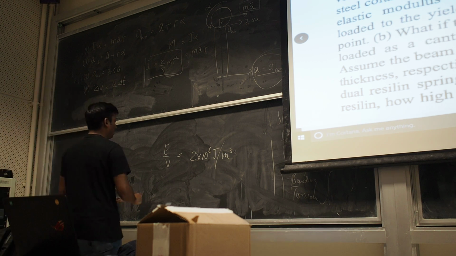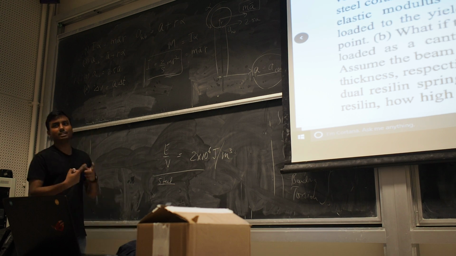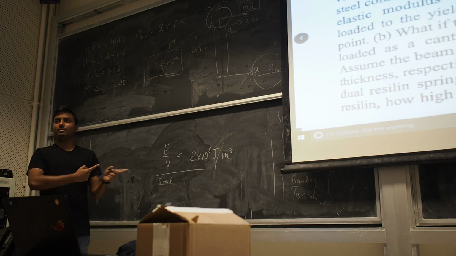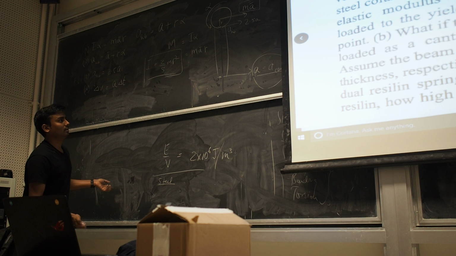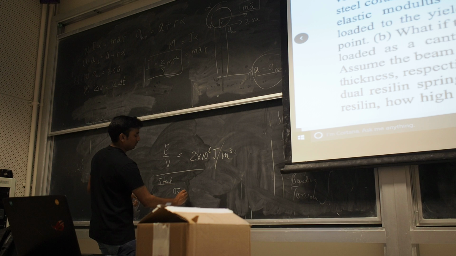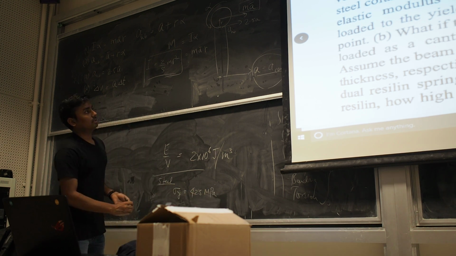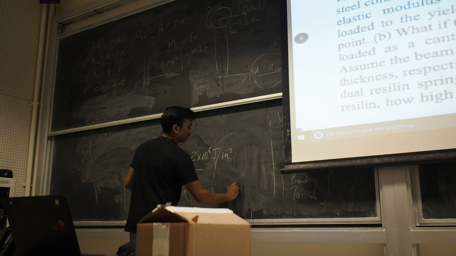So now you have scenarios with a steel bar. In this problem you are trying to compare your biomaterial with a metal. You have sigma y given to you as 425 megapascals. E is given to you as 400.